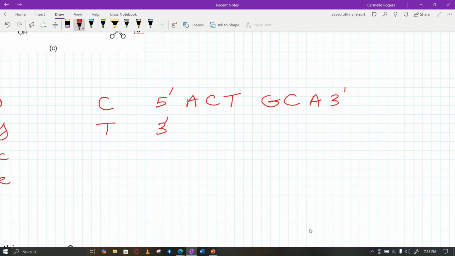Now we use our base pairing rule. Both coding and template are DNA, so we're going to use A, C, G, and T bases.